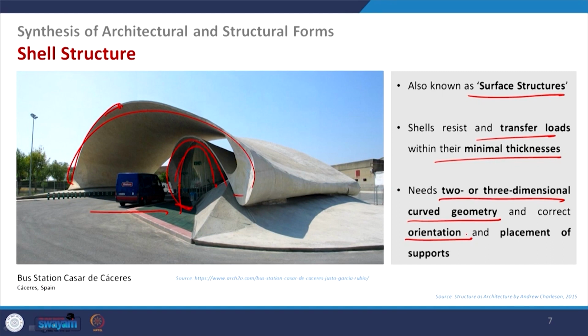So, to give the support, where to support it, where it should be oriented, how it will counter the weight, transfer the weight, that is very important in this shell structure. And what is the advantage? If you see this, this area has no column. So, you can create some kind of interesting space, column-free space wherever we require it. So, this is one very beautiful example of shell structure.